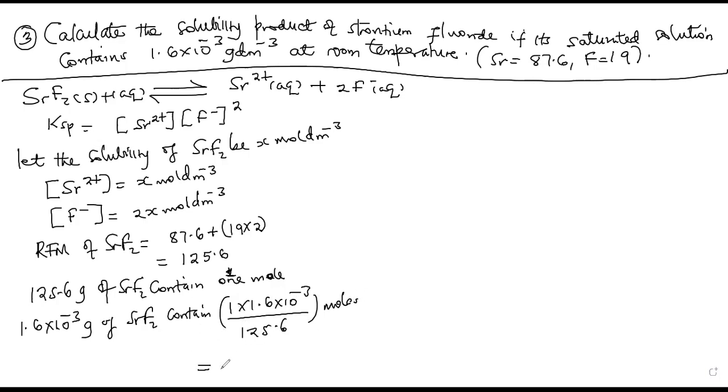So this will give us our concentration of strontium fluoride as 1.2739 exponent negative 5 moles per decimeter cubed, because I'm converting grams per decimeter cubed, and I've gotten my answer as moles per decimeter cubed of strontium fluoride.